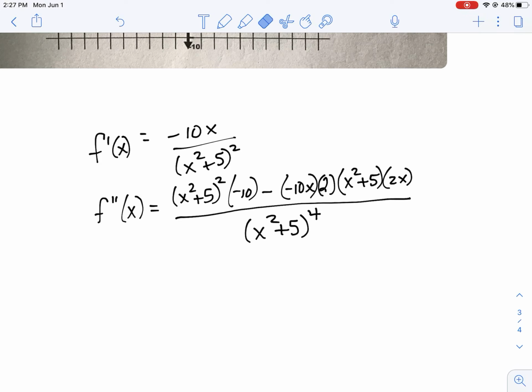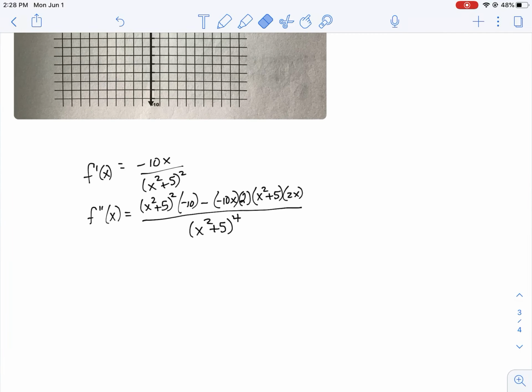I'd leave it like that, but I'd have to solve it for 0. We could do that another time. Maybe I wouldn't multiply out the x squared plus 5, maybe I'd factor it out to find it. Anyway, that's not on your final. That's just algebra exercises. So anyway, good luck. I'll talk to you later.